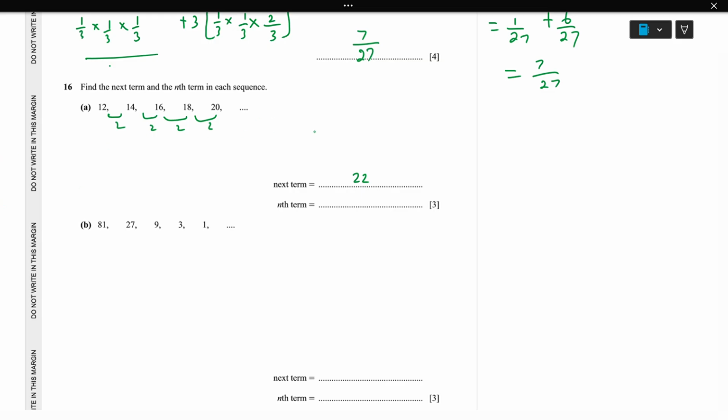The formula for the nth term is a plus n minus 1 into d, where the first term is 12. So 12 plus n minus 1, the difference is 2. So 12 plus 2n minus 2, which is 12 minus 2 is 10, 10 plus 2n. So 2n plus 10, that's the nth term.